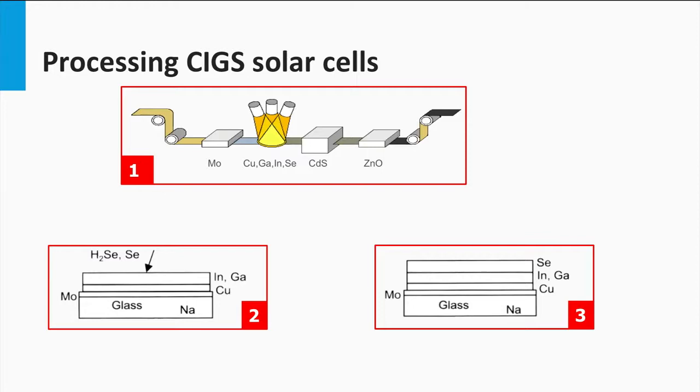Companies that use or have used the co-evaporation process are Worth Solar, Global Solar and Ascent Solar. Among CIGS companies using sputter approaches are Showa Shell, Solar Frontier, Avancis, Miasolé and Honda Soltec.